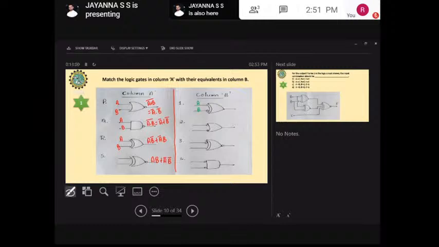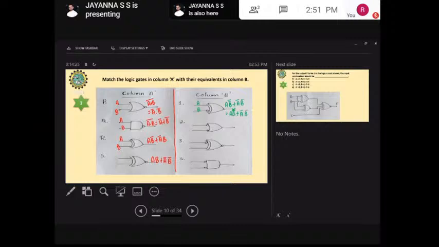So what I'm going to get here is A, B double bar, plus A bar, B bar, which can be written as AB plus A bar B bar.